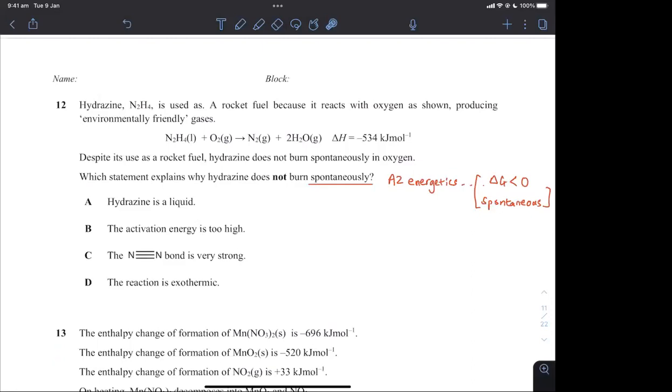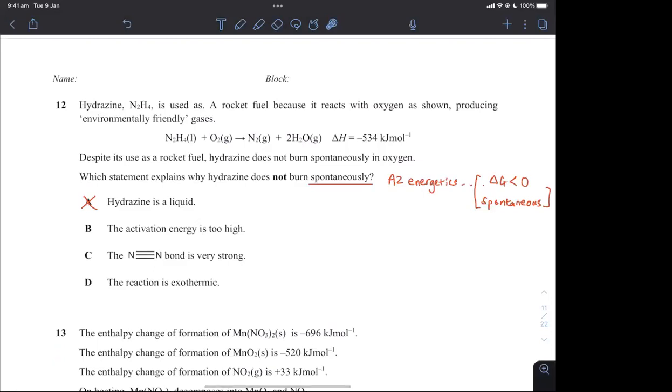Now, hydrazine does not burn spontaneously. Well, I can tell you number 1 is definitely incorrect because this is a statement. This is a fact. So just because it's liquid, why doesn't it burn spontaneously? That doesn't make sense. What else? Despite its use as a rocket fuel, hydrazine does not burn spontaneously in oxygen.